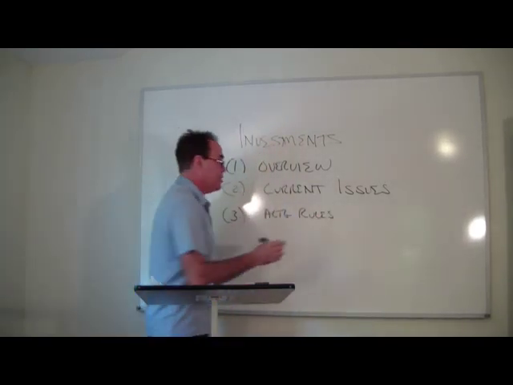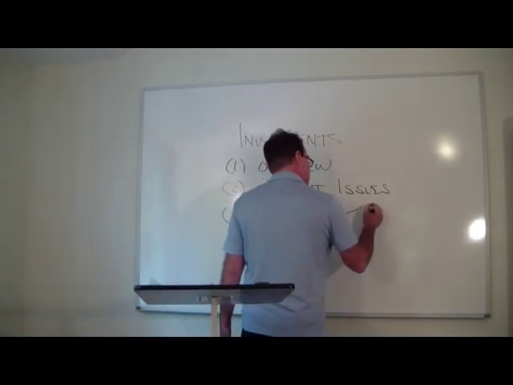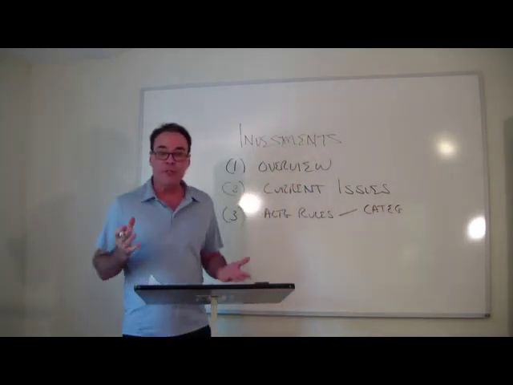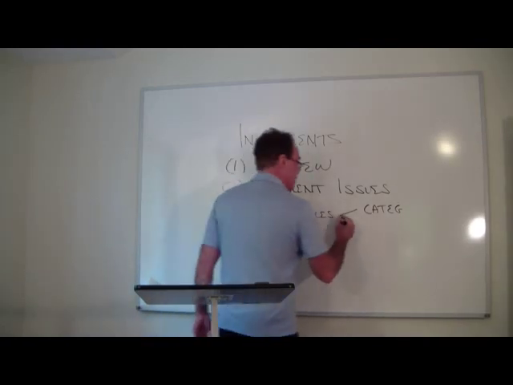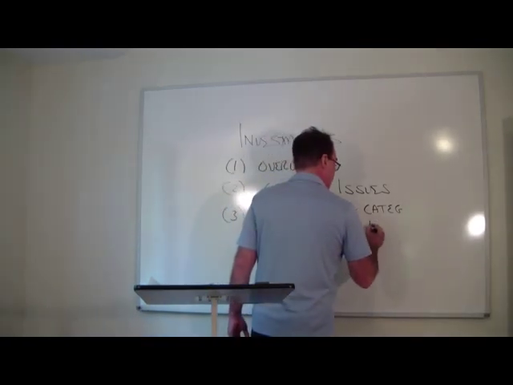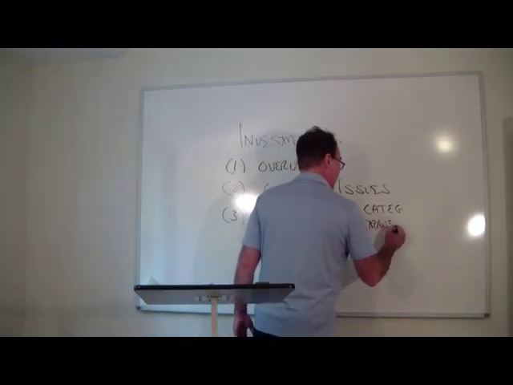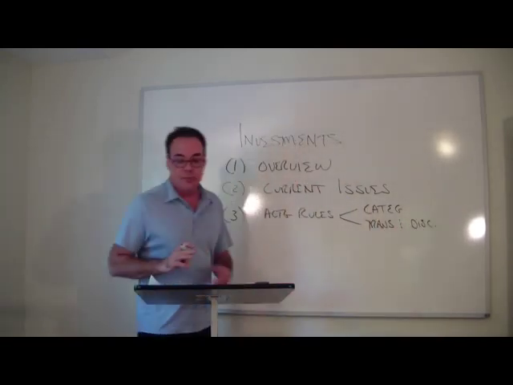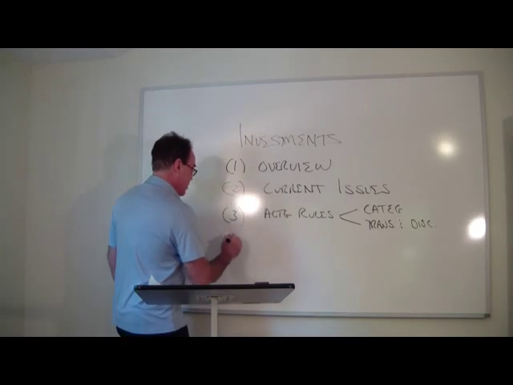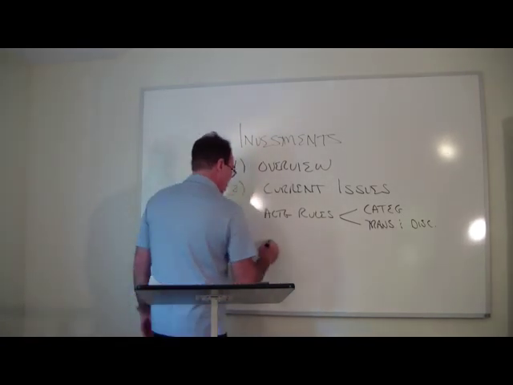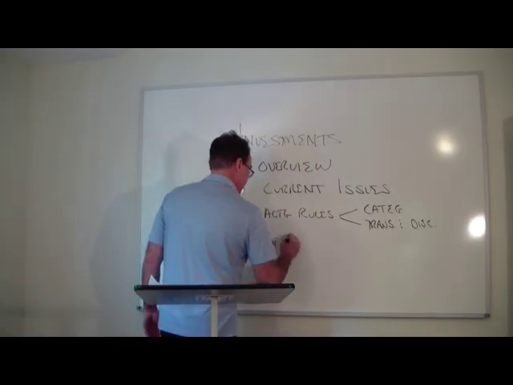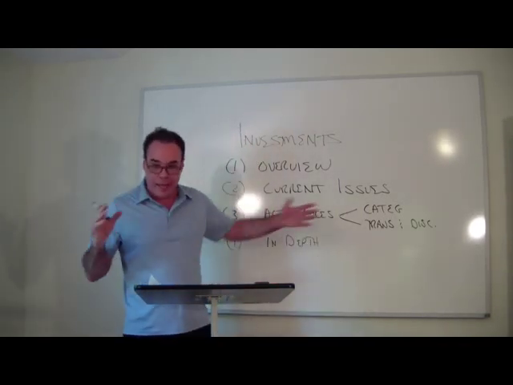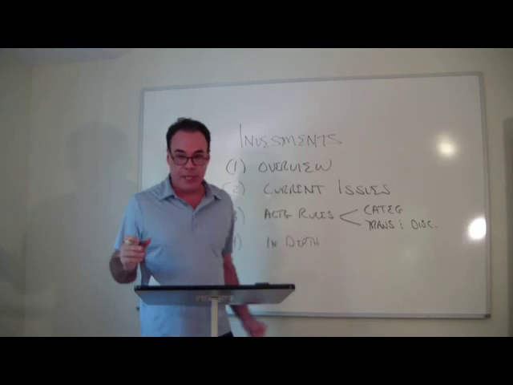And the accounting rules, as I said, basically are in terms of categorizing the types of investments that we're dealing with, and then looking at how they're recorded from a transaction point of view and how they're disclosed in financial statements. And then finally, in the fourth section, we're going to look in depth at each of these categories of investment types.